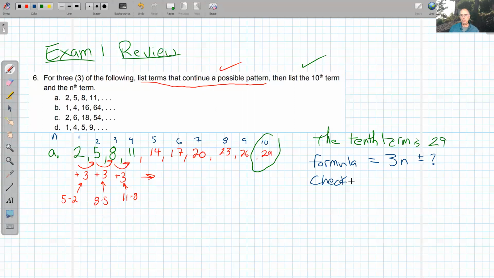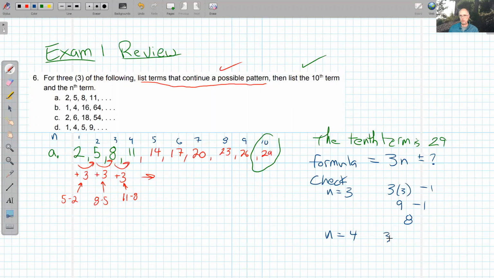So if I plug in n equals, let's say 3, I get 3 times 3 equals 9. I wanted it to be 8. So I could take away 1 to adjust it, and now I have my 8. Okay, so now I think the formula is 3n minus 1. I'm going to check again. N equals, let's say, 4.